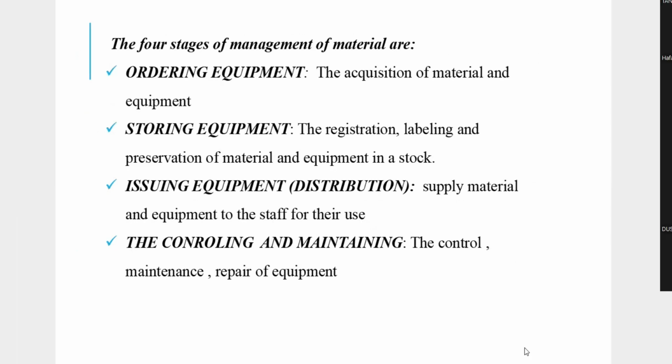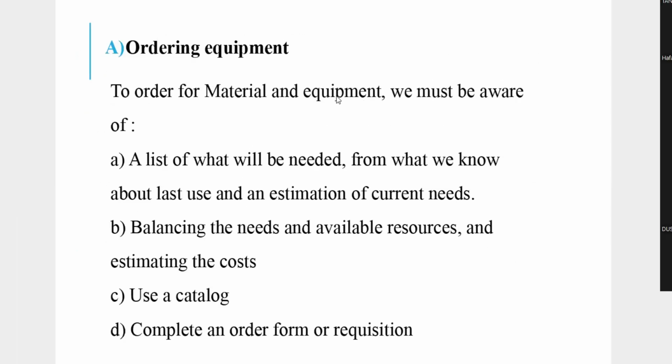So in ordering equipment, we must make a list of what we need from what we know, based on the last use estimation, and estimate the current needs, balancing the needs and available resources.